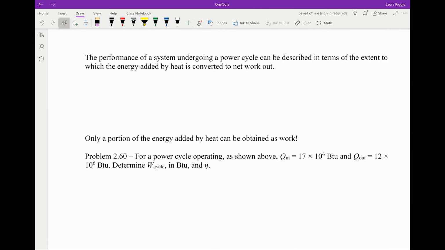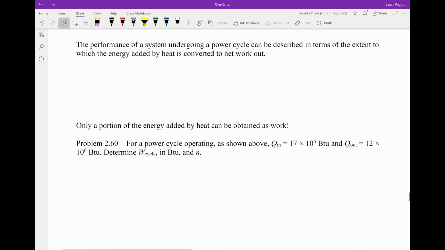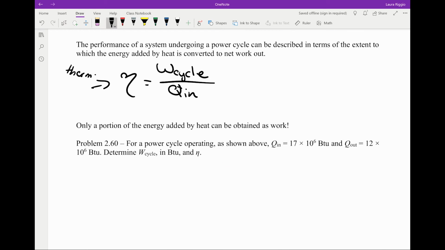So the performance of a system undergoing a power cycle can be described in terms of the extent to which energy added by heat is converted to net work out. So our efficiency is equal to W cycle over Q in. This is our thermal efficiency.